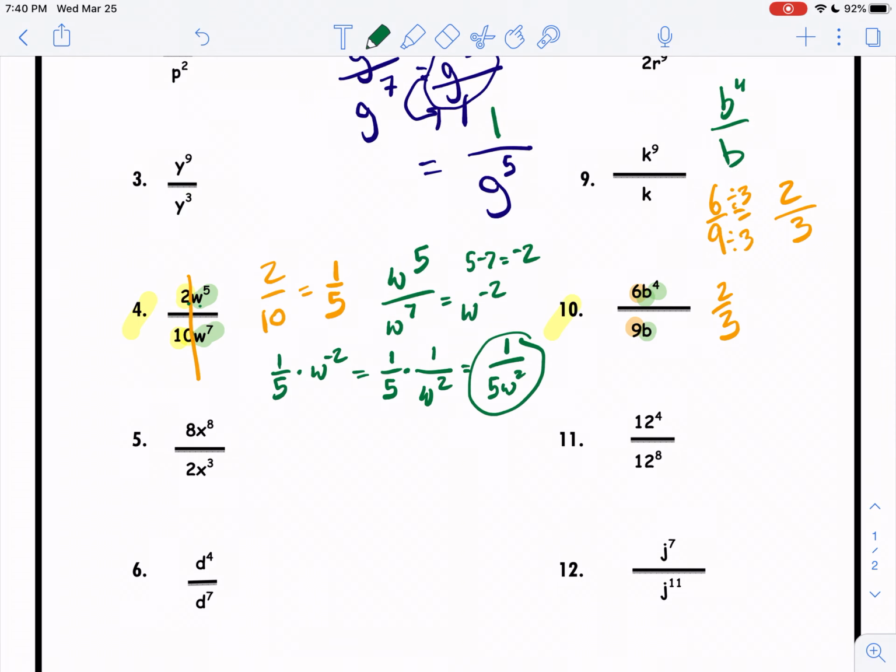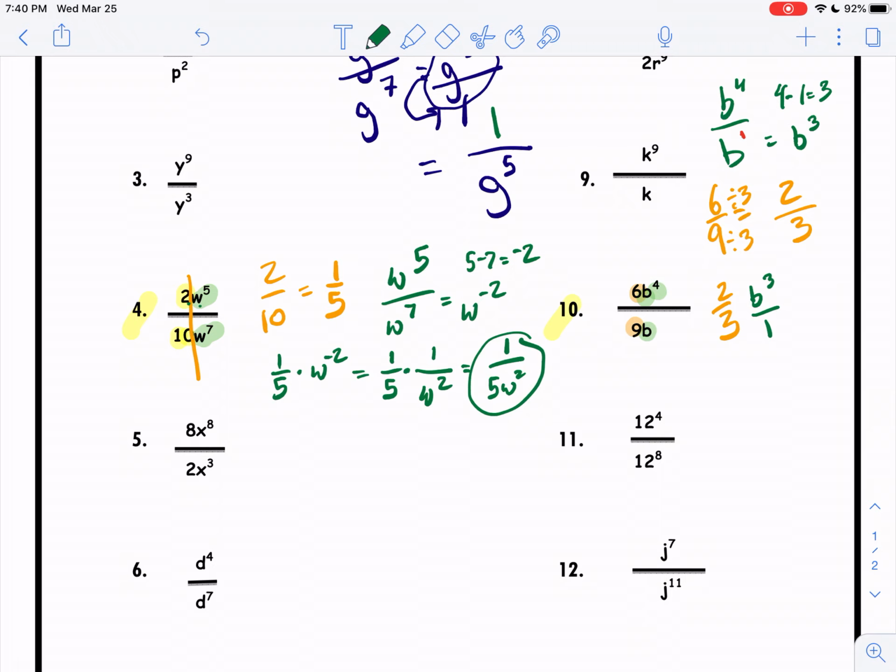Something to remind ourselves, and this is part of the reason why I picked this one: b is not just a b, it's also b to the 1st power. So we're going to subtract. Well, what's 4 minus 1? That's 3. So that means b to the 4th over b to the 1st would be b cubed. So 2/3 times b cubed. But that looks a little funny. Remember how b cubed is the same as b cubed over 1.